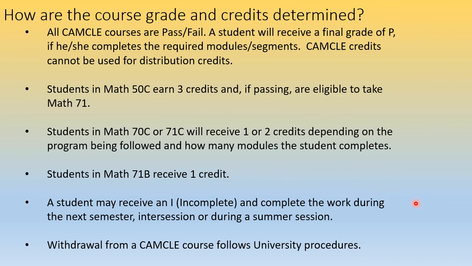If you cannot complete the work during the semester, then you will receive an incomplete, and you will be allowed to continue and complete the work in the time that follows, be it an intersession or a summer session or into next semester. If for whatever reason you start CAMCLE and need to withdraw, you have to follow all university procedures regarding withdrawal from a course.